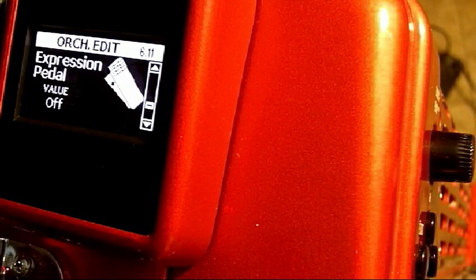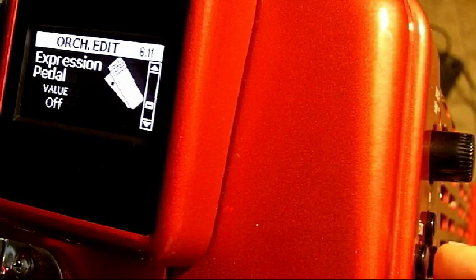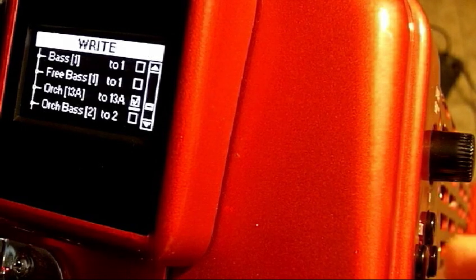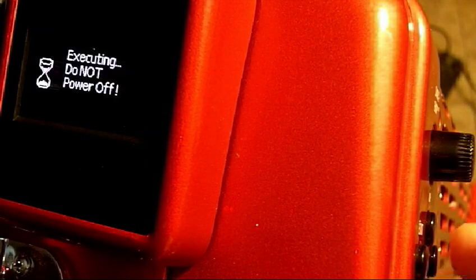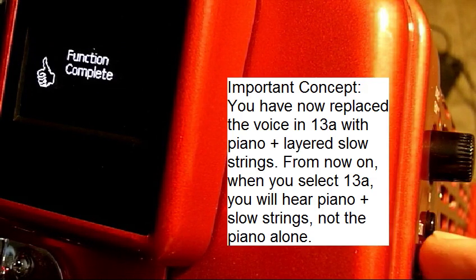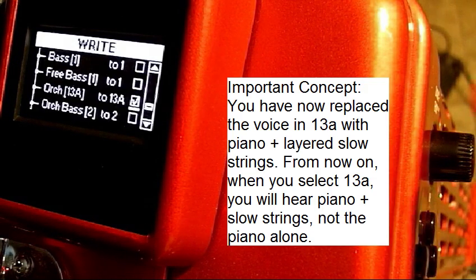Now I need to save. I'll do an automatic save to save this change in the orchestra voice. And it is done. So what I have done is to change what is in box 13A from straight piano to piano plus strings.